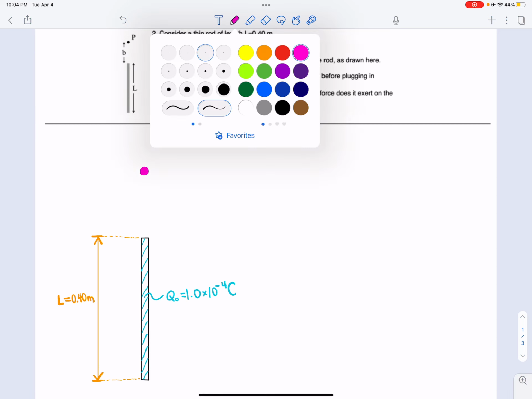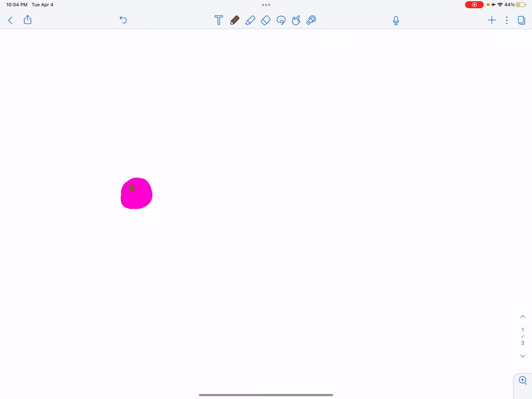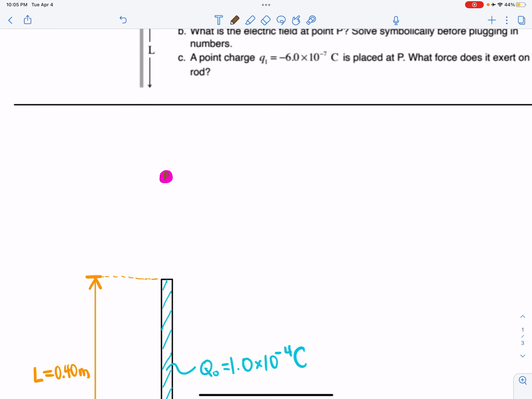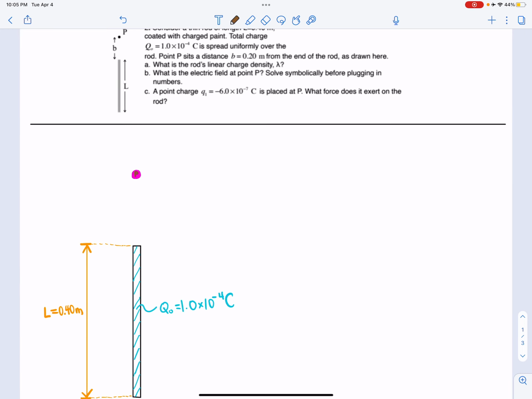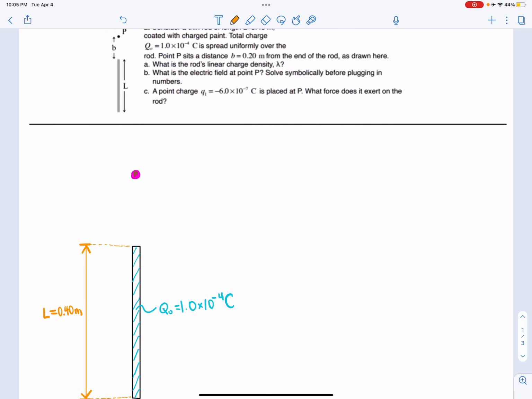And that point is point P. And point P is a distance of 0.2 meters from the top of the rod.